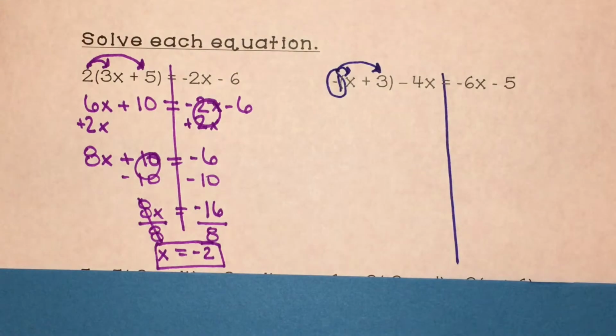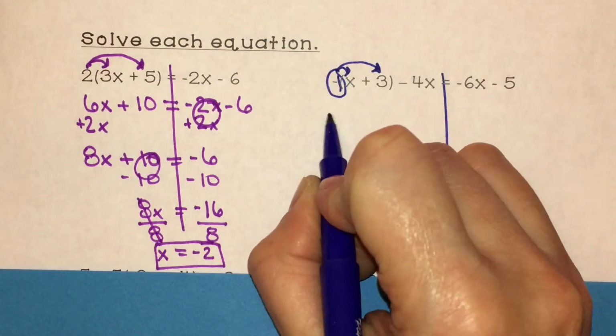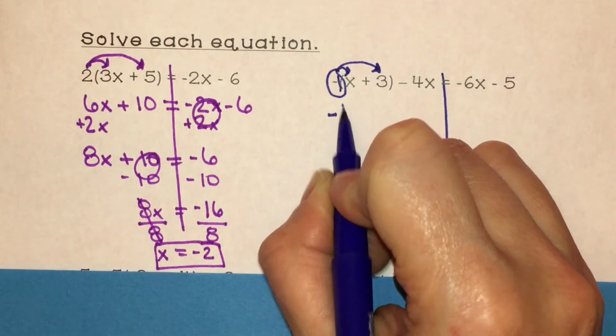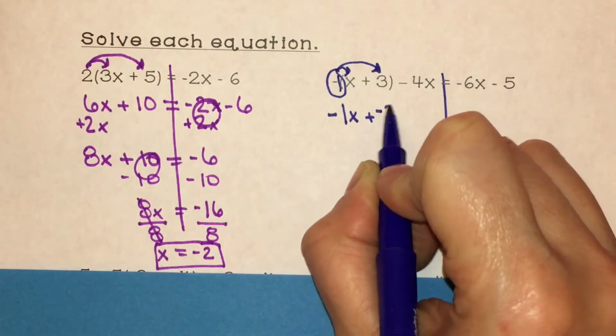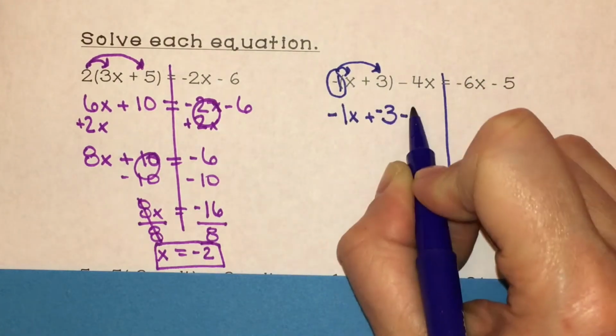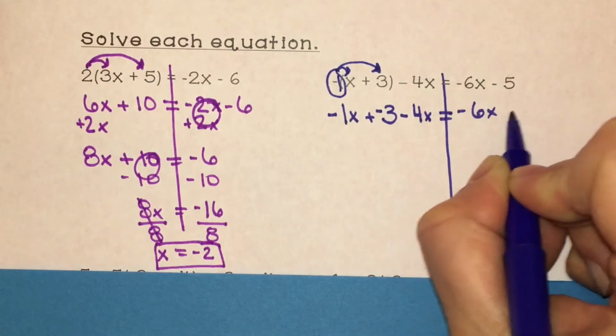Multiplying just by negative can be kind of confusing, but if I multiply by negative 1, most people can understand what that means, and they won't be confused when they do the multiplication. So negative 1 times x is negative 1x plus negative 1 times 3 is negative 3. Bring down that minus 4x equals negative 6x minus 5.